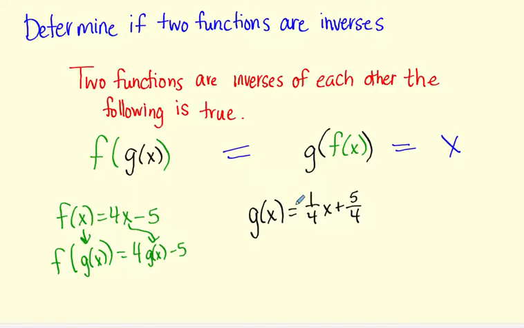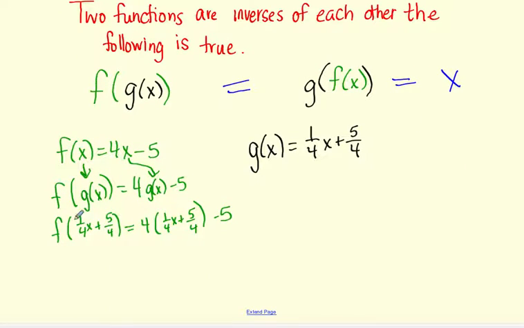So g of x actually equals 1/4 x plus 5/4. So when we replace that, we have 1/4 x plus 5/4 equals 4, and then we replace 1/4 x plus 5/4 for the g of x, and then we have minus 5.